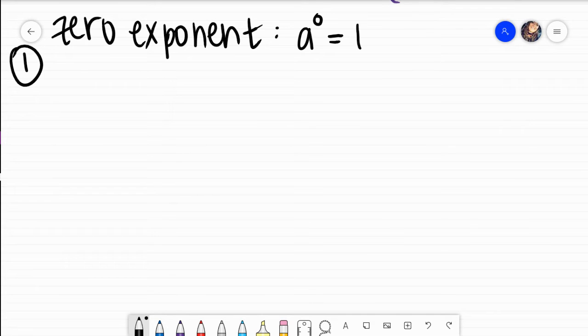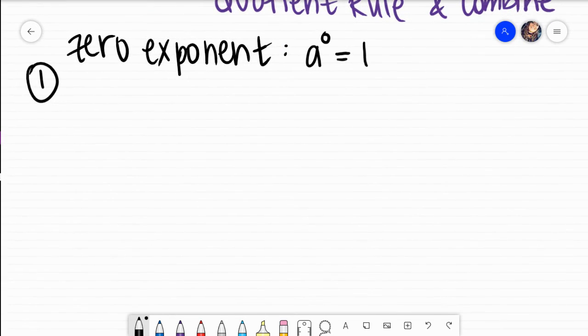For the first example, let's say we have the number 6 raised to the 0 power. In this example, our A is the number 6, and it's being raised to 0. But anything raised to 0 is just 1.